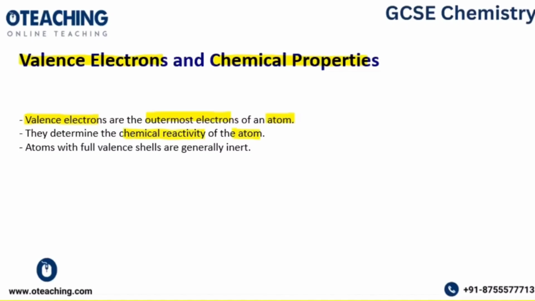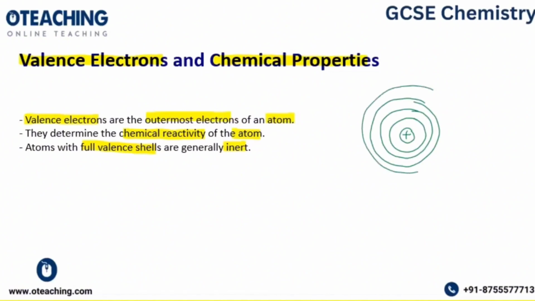I have already told you this. Atoms with full valence shells are generally inert. What does this mean? Suppose I have an atom with the K shell and L shell. Here 2 electrons are present, and here let's suppose 8 electrons are present.